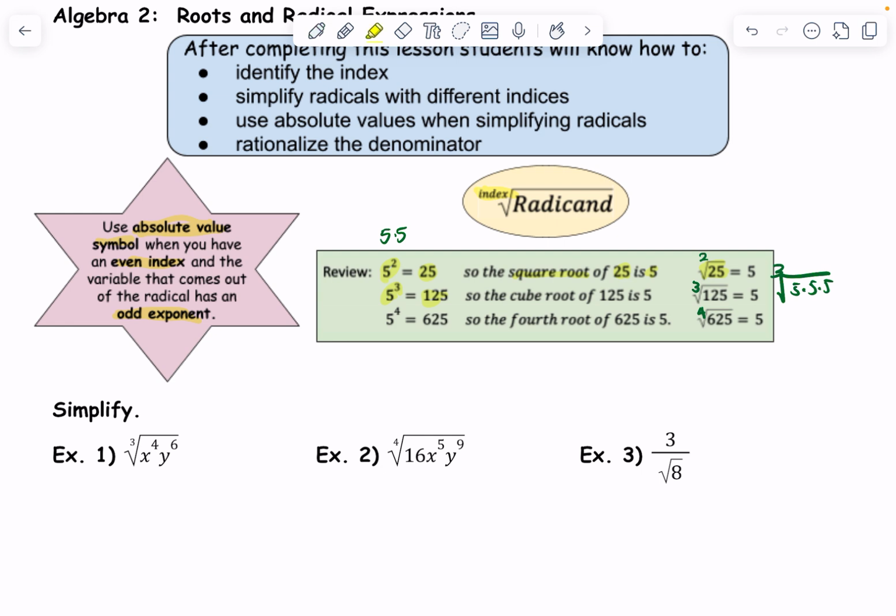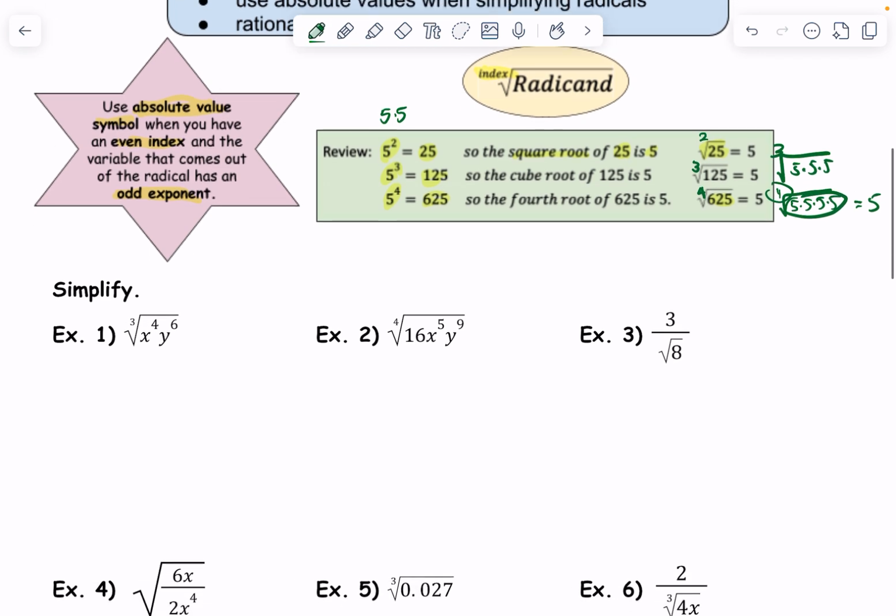Again, 5 to the 4th power is 625. So when we see 625 in here, we're seeing the 4th root, and then we have 5 times 5 times 5 times 5. When we have 4 of them, 1 comes out, and that's why it's just 5. Okay, so that's a little bit of review.